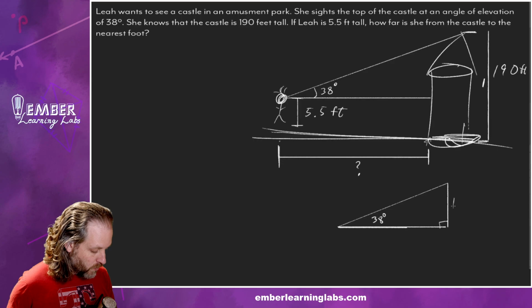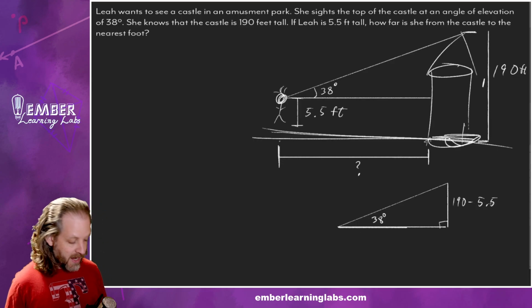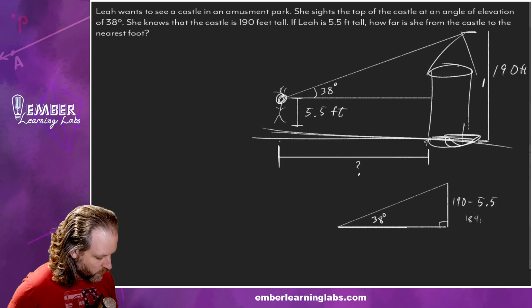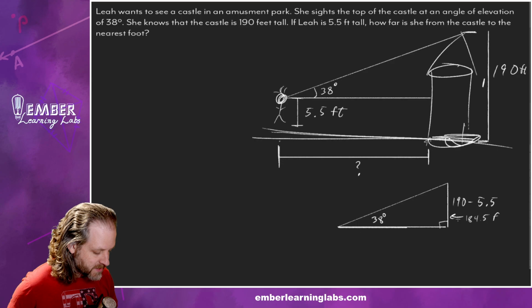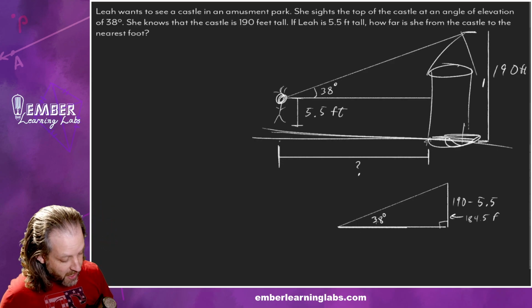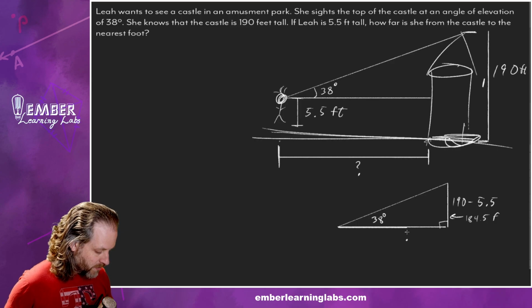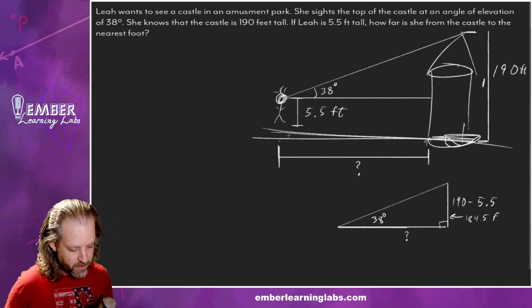This is 190 minus 5.5 feet, which is 184.5 feet. That's the length of this side of the triangle, which is opposite the 38 degrees. We are looking for this one right here, the distance from her to the castle.